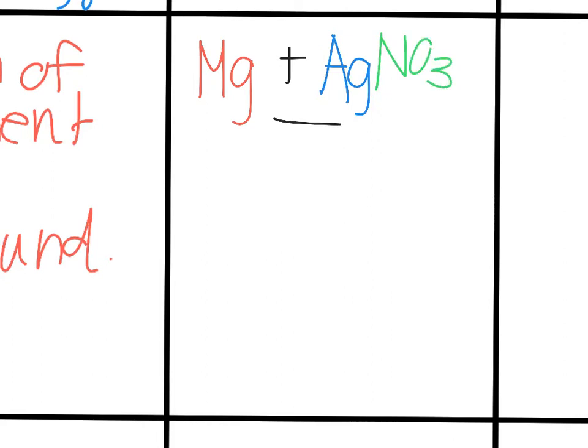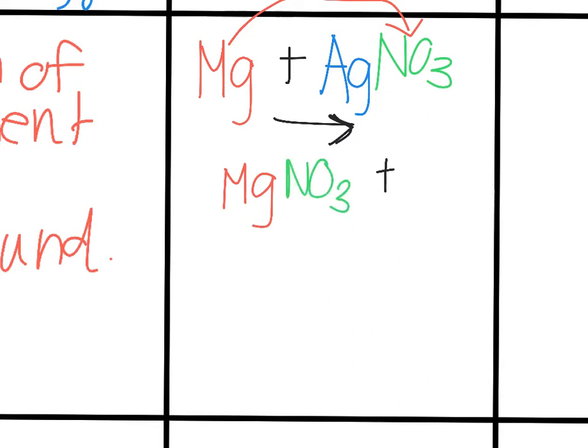So what does that look like? We could have Mg NO3, and who would be alone then? The Ag. So that's one example.